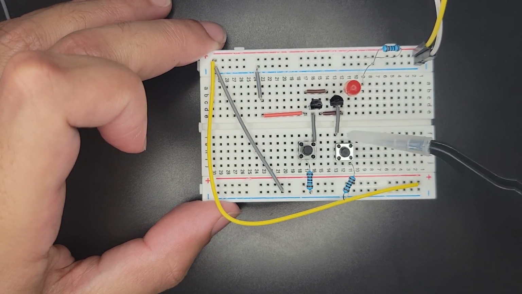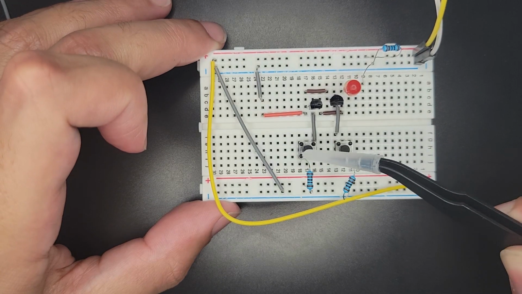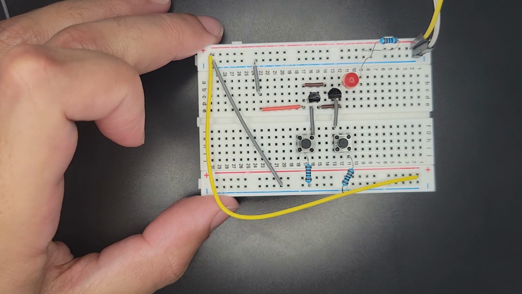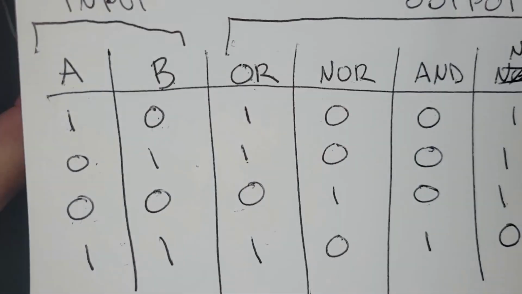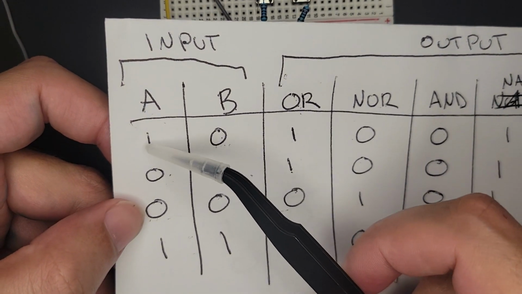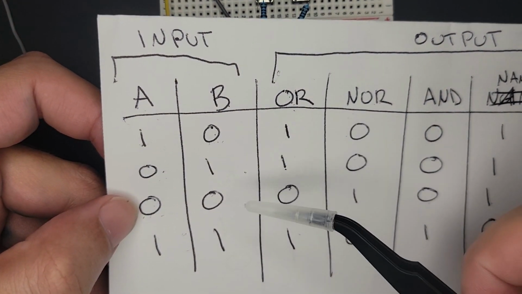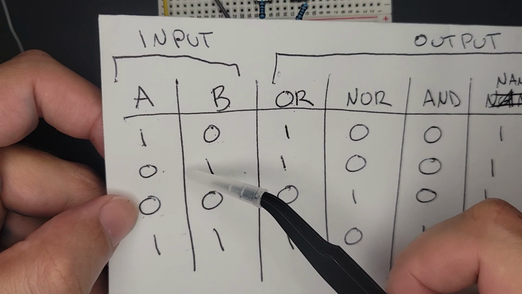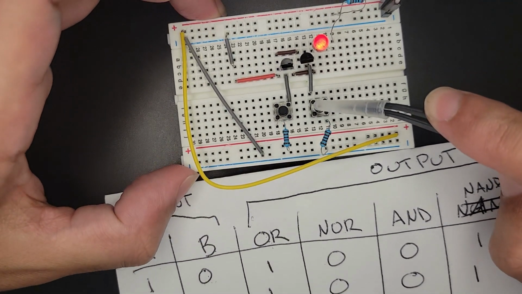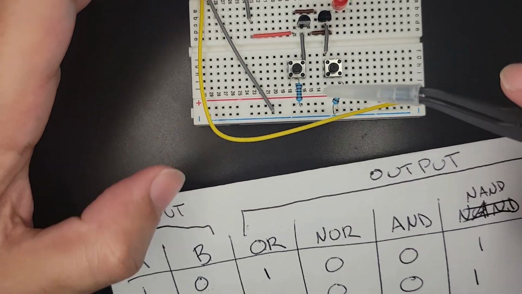Whee. Oh, he wants to come out again. A and B, A and B, and that does follow what we have here, right? OR: A, B makes 1. A on, B off makes 1. The light is 1, it's lit up.